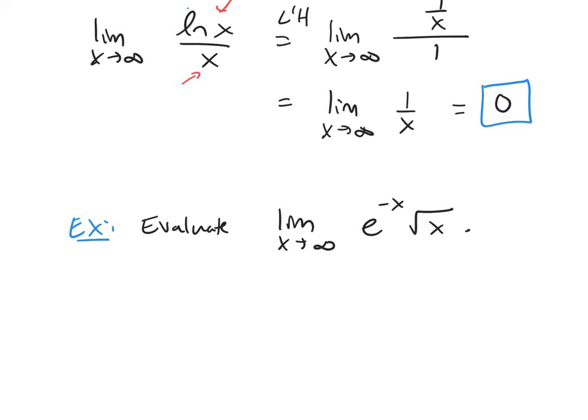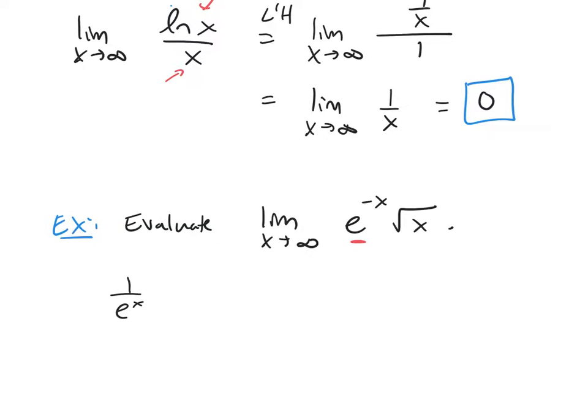If I'm looking at this limit, the first part has a negative exponent, which really means it's in the denominator. So I'm looking at 1 over e to the x. That's going to get closer to 0 as x goes to infinity. So I'm getting 0 times, and then the square root of x as x goes to infinity, that's infinity.